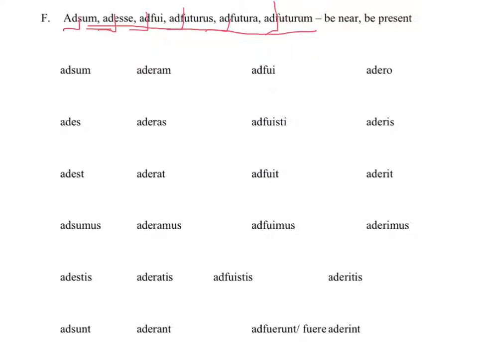So very similar to what you've already seen. And then the present, indicative present active, is not any different except it has ad in front of it. So that makes it easy. And the indicative imperfect is the same. And the indicative perfect is the same. And the future is the same.